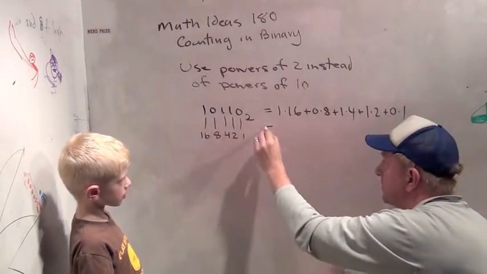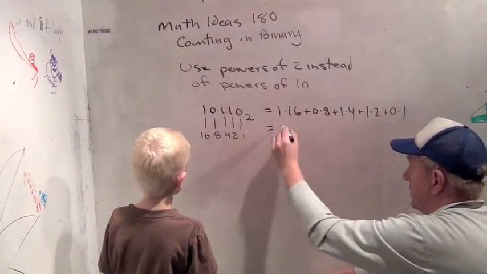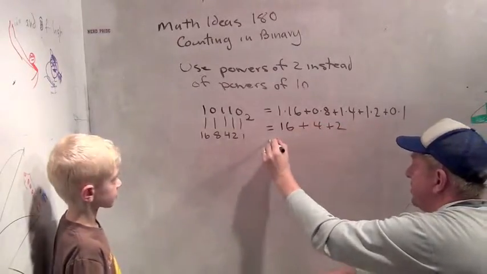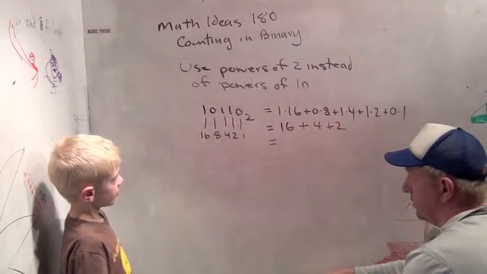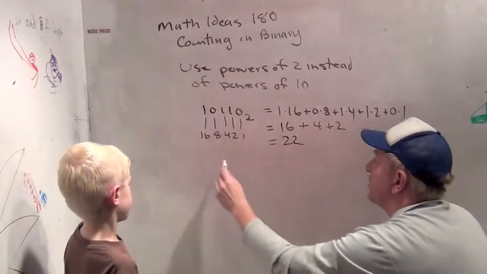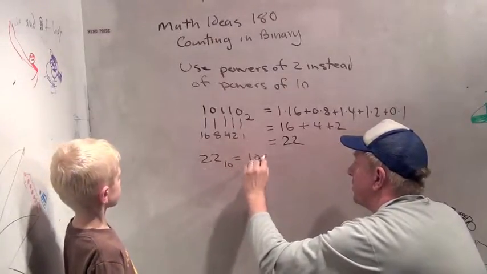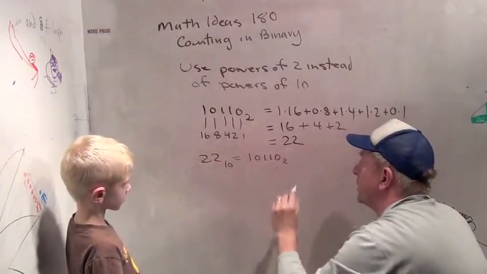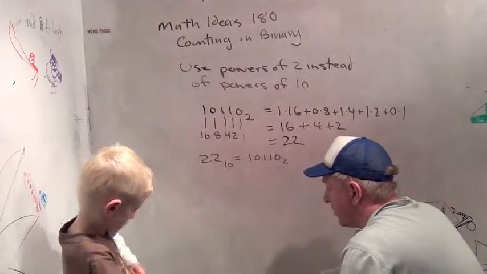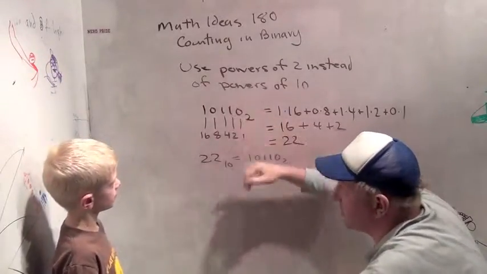So that is 16 plus 4 plus 2, which is 16 plus 4 is 20, that's 22. So we say 22 base 10 is 10110 base 2.